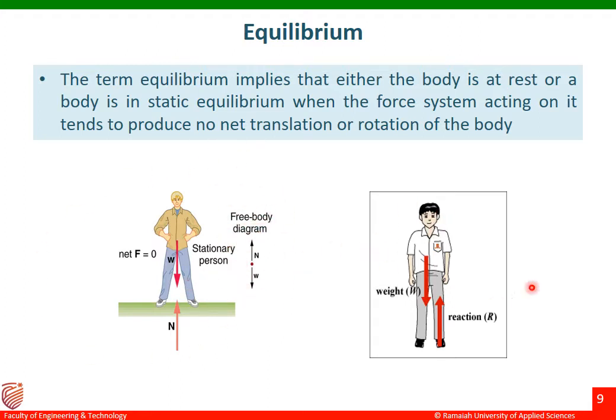Similarly, the weight of the person is coming downwards and the reaction is moving upwards. So this is the example of equilibrium. You have to be very careful in understanding this statement. What do you mean by equilibrium? This is very helpful when we solve the problems in the coming session.